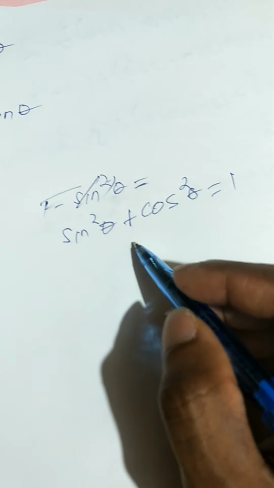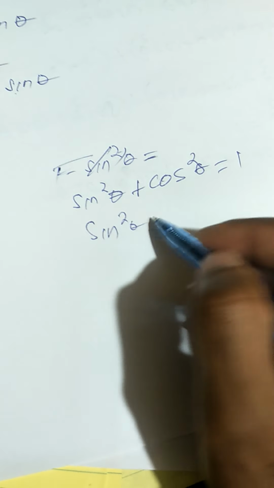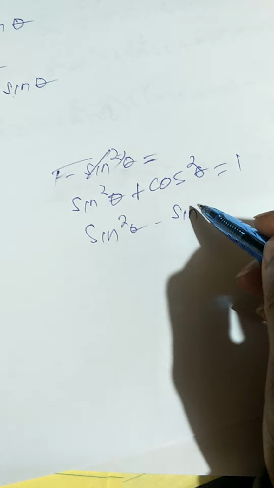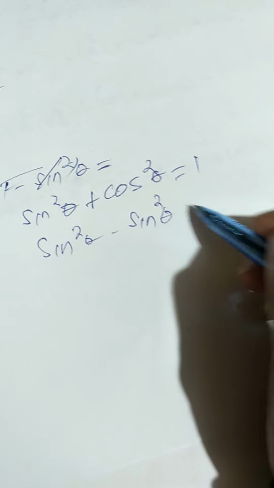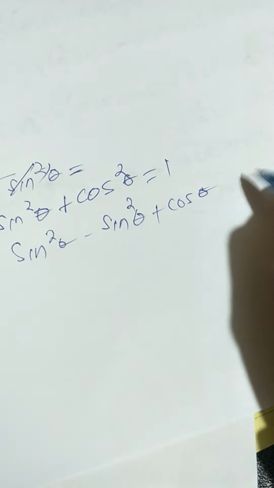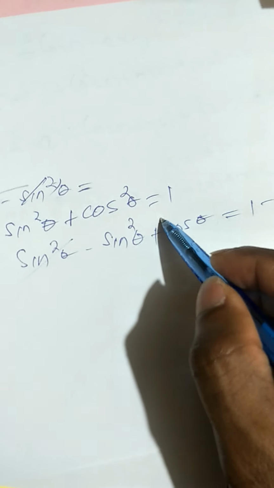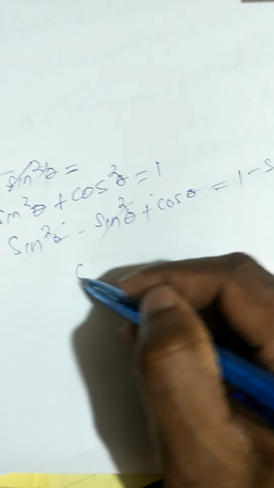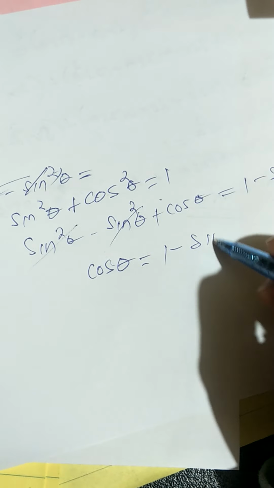If I subtract sine theta squared on both sides, cosine squared theta is equals to 1 minus sine theta squared.